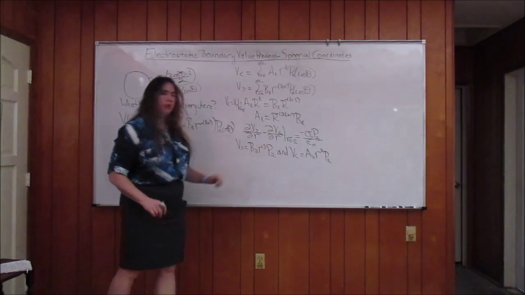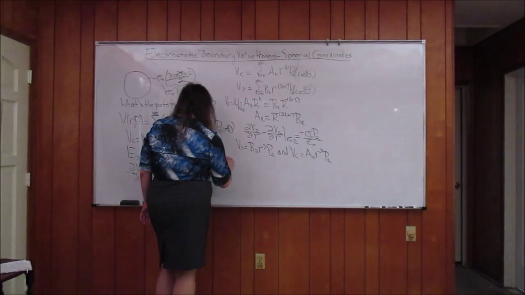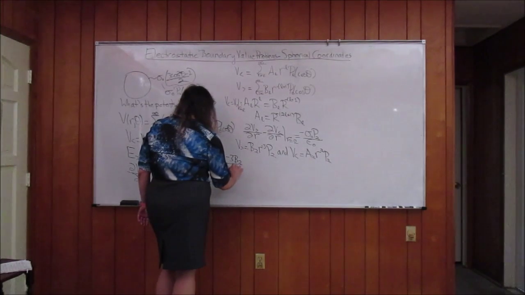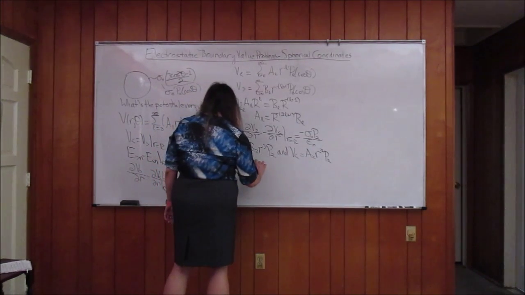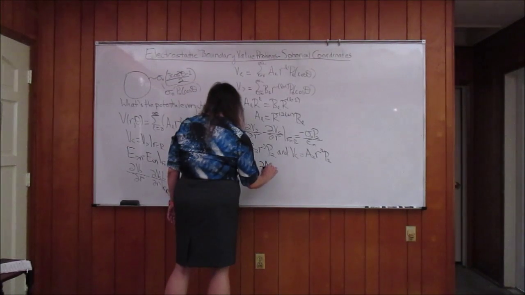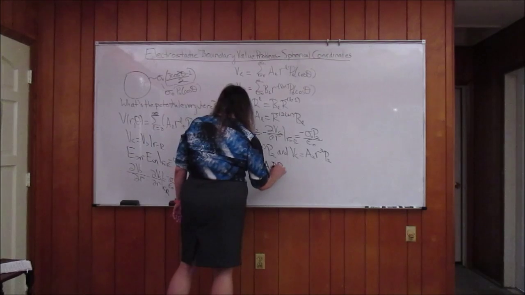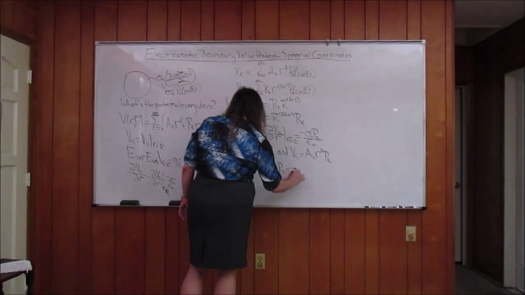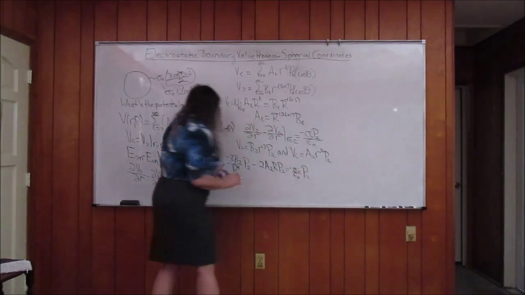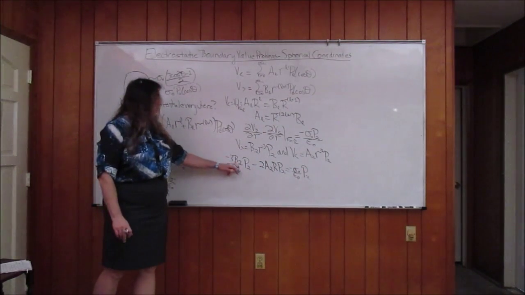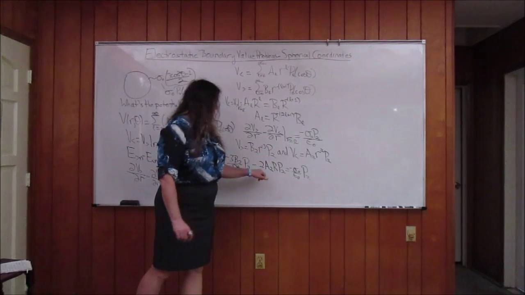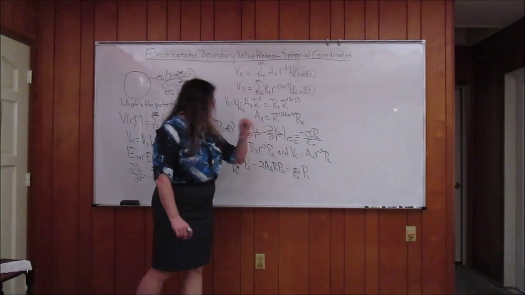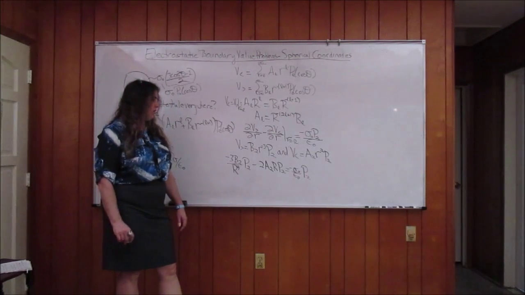And taking the partial derivatives, we wind up with minus 3 B sub 2 over radius of the sphere to the 4th power times P2, second order Legendre polynomial, minus 2 A2 times the radius of the sphere times P2 is equal to minus sigma naught over epsilon naught P2.